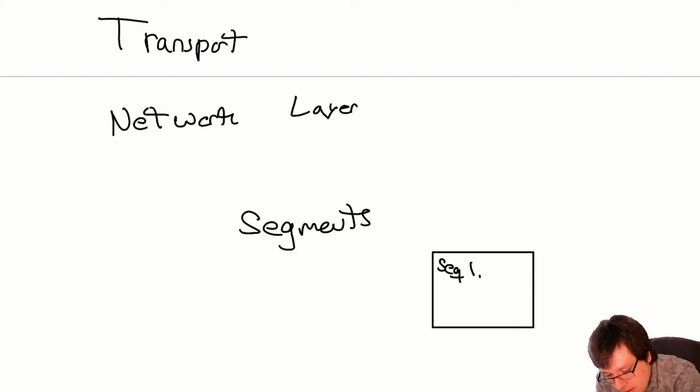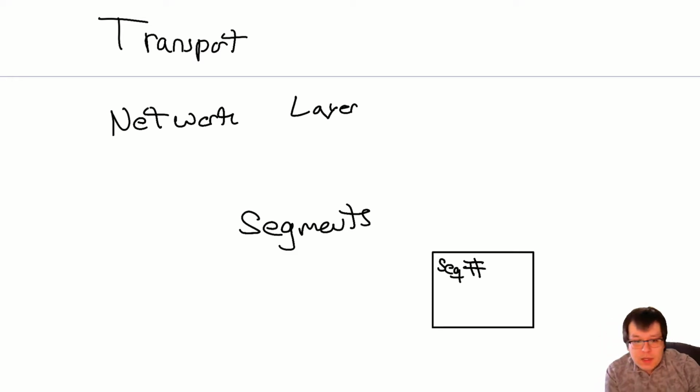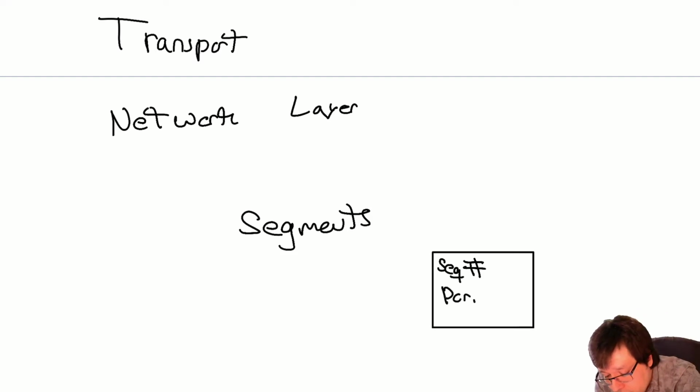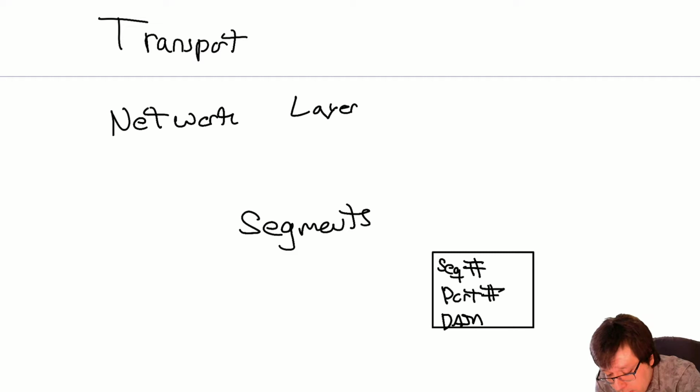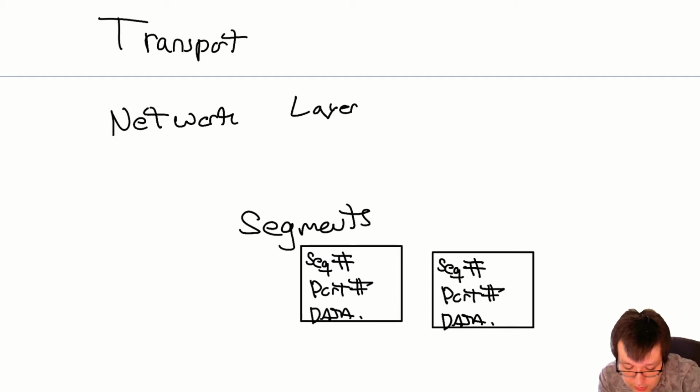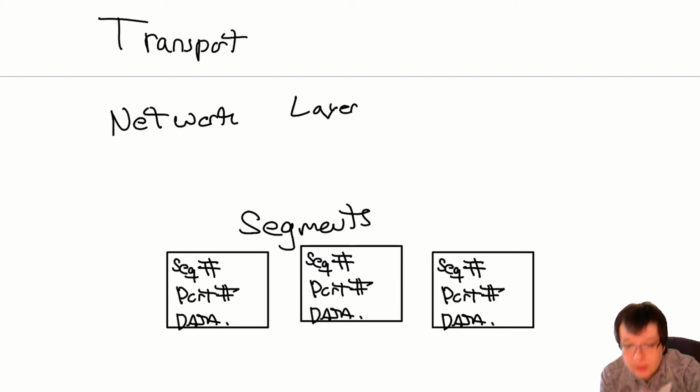So we have the sequence number, the port number where this is supposed to go, and then the data itself, or tiny pieces of the data. And you're going to have a lot of these. Obviously, the sequence number will tell it which one goes before the other one, right? And so that segmentation is done in the transport layer, essentially.